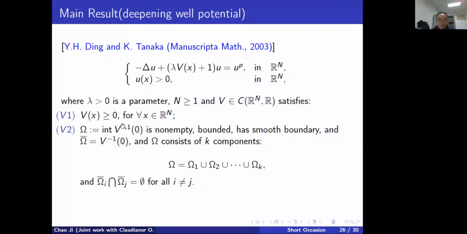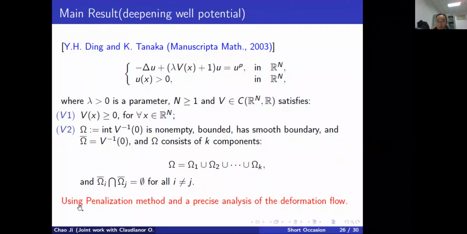For example, this is the integral of V. In this paper they didn't just want a solution, they wanted some special solution.